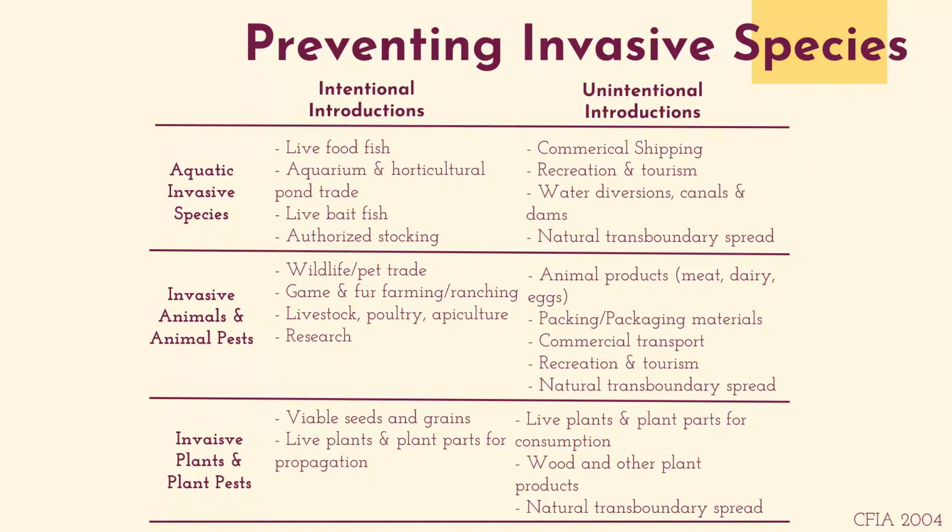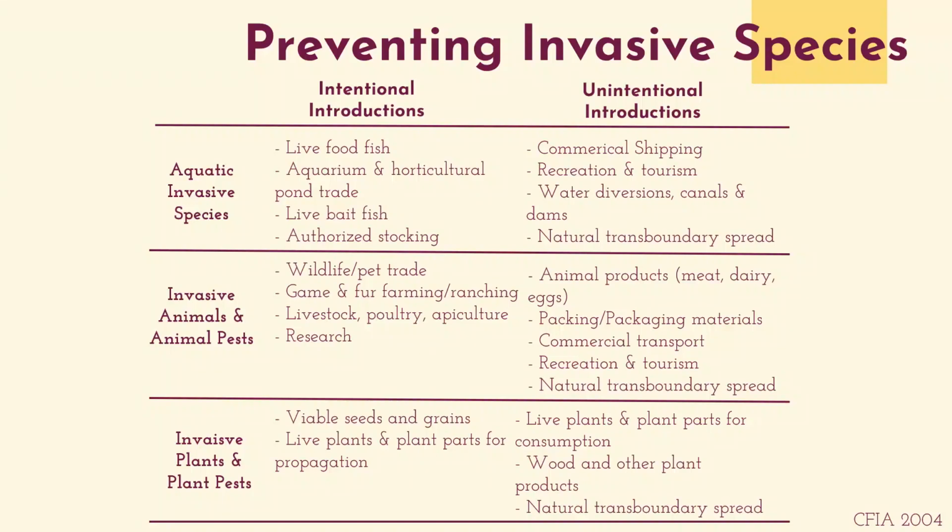In these cases, the arrivals are usually expected by the government, and there are screening and quarantine procedures in place to ensure that what is coming is what was expected, and that individuals are not carrying any unexpected diseases or potentially invasive hitchhikers.